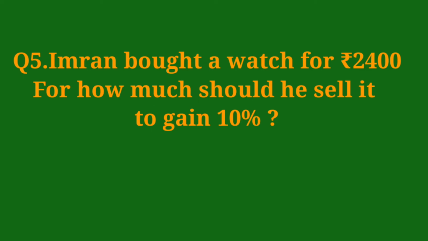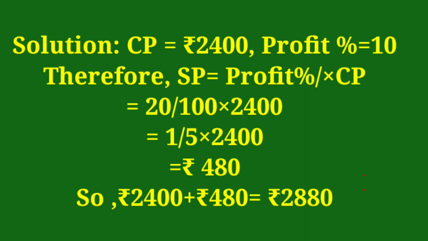Number 5 sum. Imran bought a watch for rupees 2400. For how much should he sell it to gain 10%? That's another interesting sum. Solution. Here CP is 2400, profit percent is 10%.